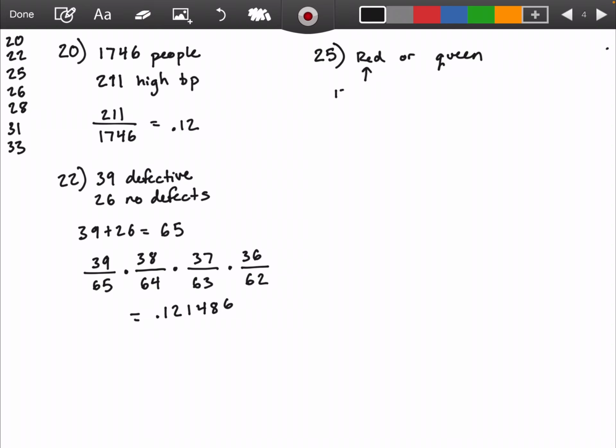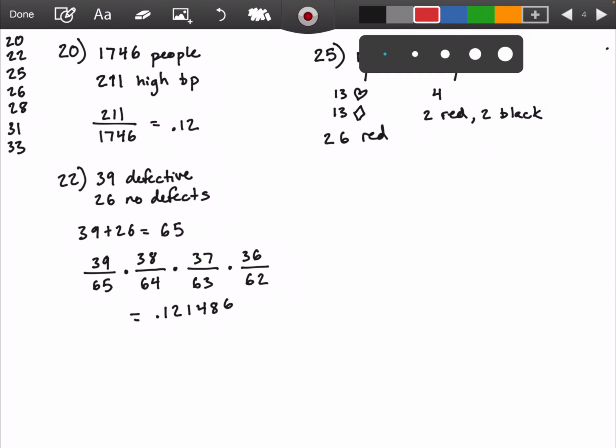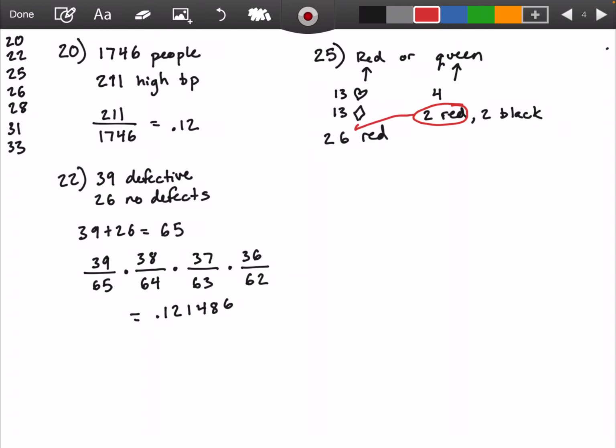There are 13 hearts and 13 diamonds, which make it 26 red total. There are 4 queens. 2 of them are red because one's a heart, one's a diamond, and 2 are black. So as I was saying, these 2 red were already part of those 26.